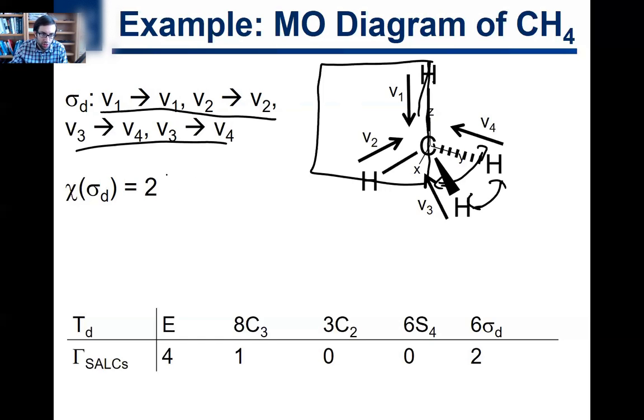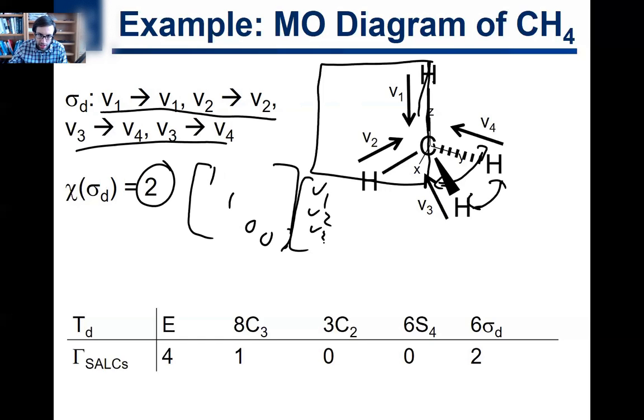Two of them stayed the same, so I had 1, 1, 0, 0 in my matrix. If we take the trace of that matrix, we get 1 plus 1 plus 0 plus 0, which is 2. Okay, so that's our reducible representation for our SALCs.